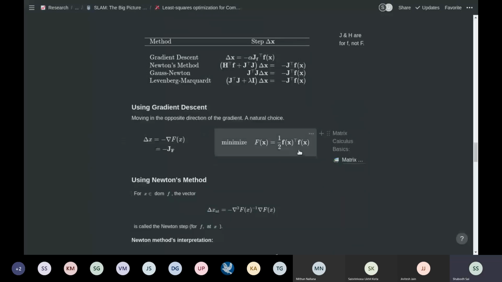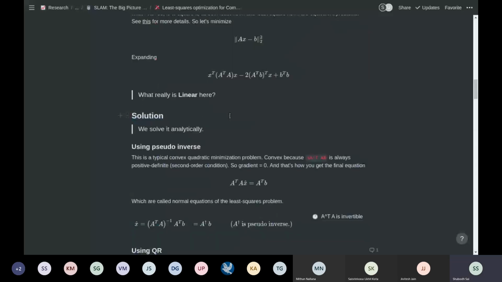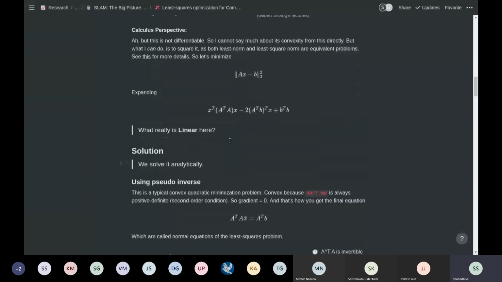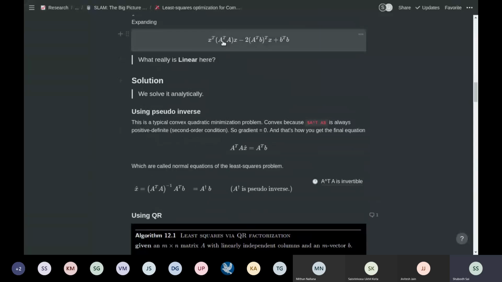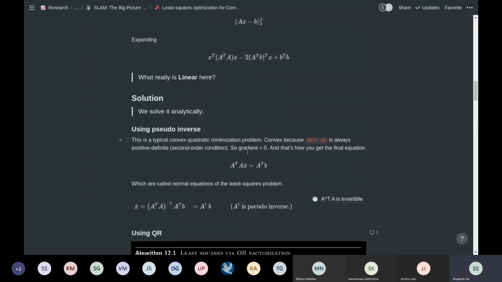So whenever it's a product of two linear functions, you end up with this sort of a thing: x transpose A transpose A x, and A transpose A will be positive definite. Like M transpose M, whatever M is, it is always positive definite.